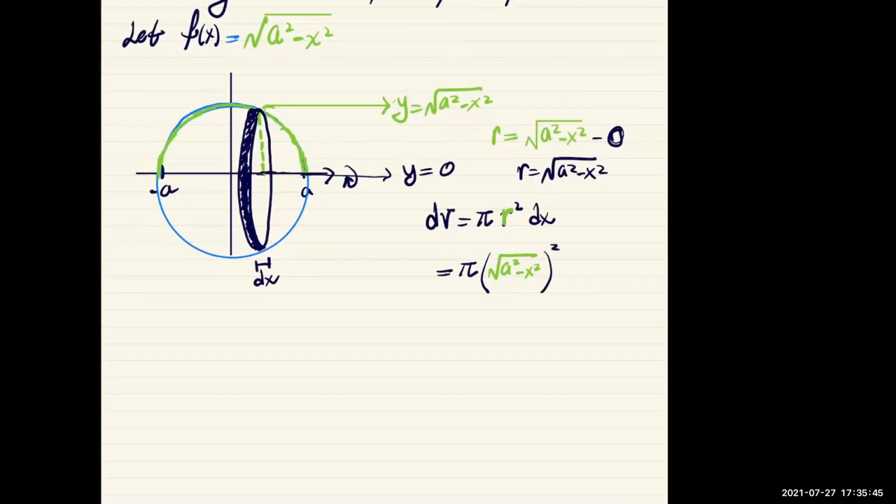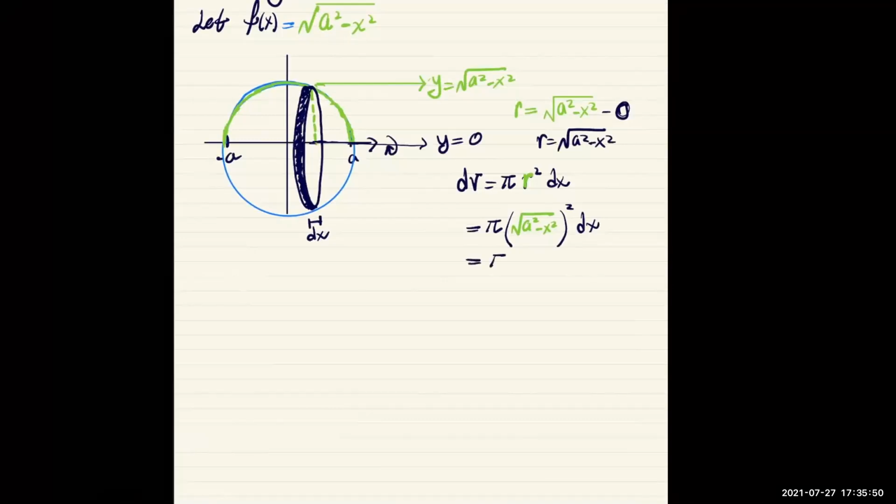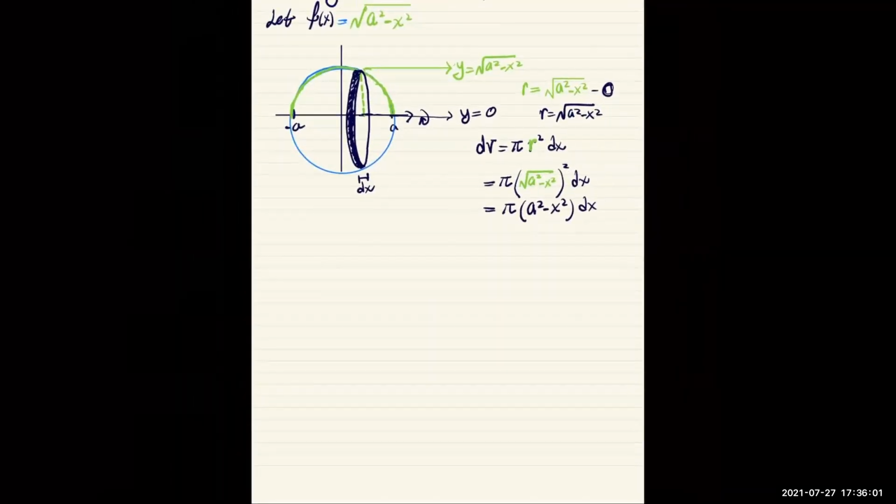We're squaring that, multiplying by dx. So let's simplify that a little bit. You have pi times a squared minus x squared. The squared kills the square root, thankfully. And now you're doing the integral of that.